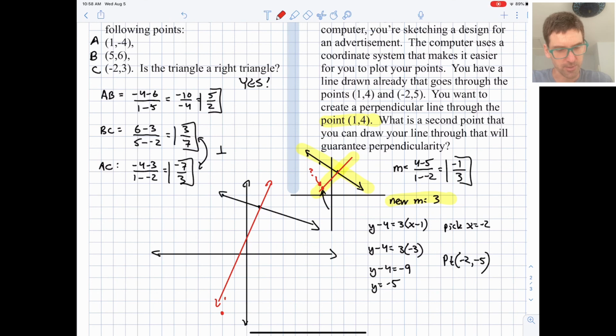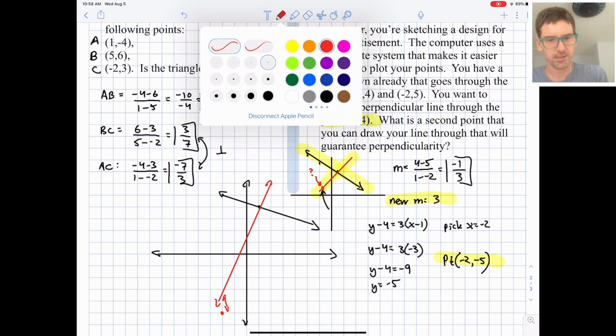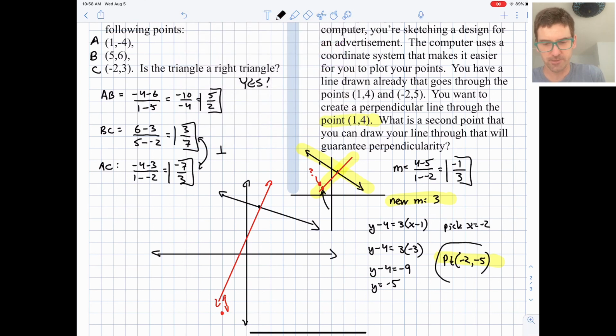Again, we're a little bit off. We didn't graph it perfectly, because on the note-taking app I'm using it's challenging to draw a nice perpendicular line. But I think we can see that the graph is supporting our final answer. So evidence that we should do a more careful graph next time. Anyway, there is our answer. Our new point is going to be negative 2, negative 5. And that's a good place to stop.